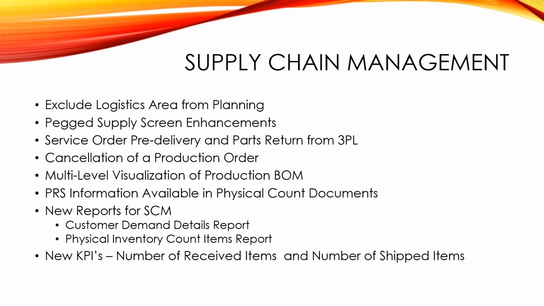And then again, this was the physical inventory count items report. Before, you'd have to use the confirmation journal to get any details around your physical inventory count. Now you can see all the details related to that inventory count. And again, you get some really nice KPIs out of that, looking at any variations or deviations from that physical inventory count.